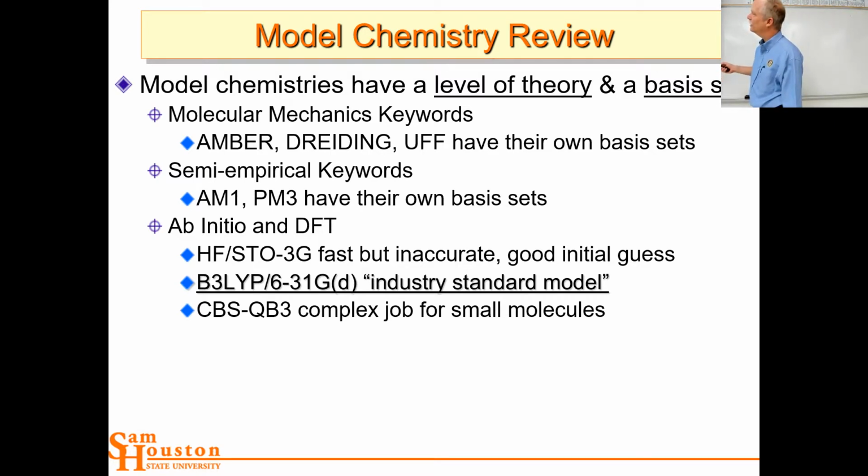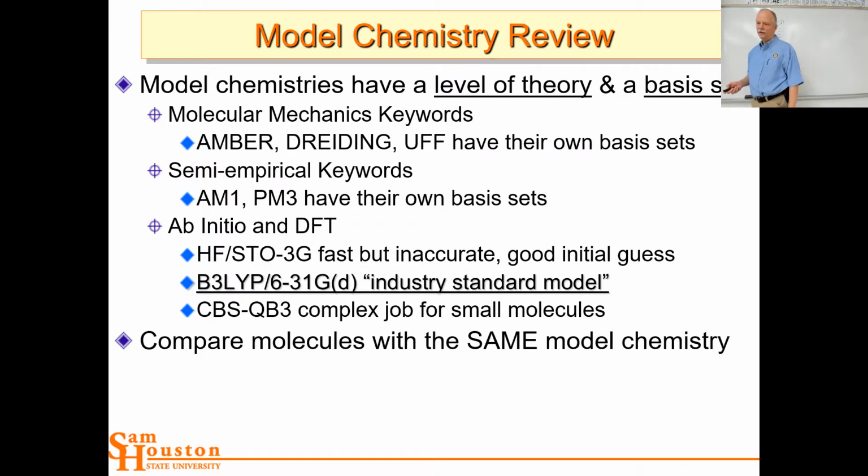But B3LYP, 6-31G with a D, and you always compare molecules with the same model chemistry, because if you compare a B3LYP calculation with something semi-empirical, they're using totally different methods for the electron cloud, and so the results are not comparable.